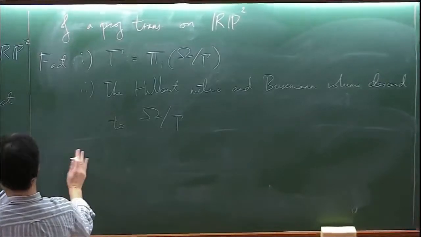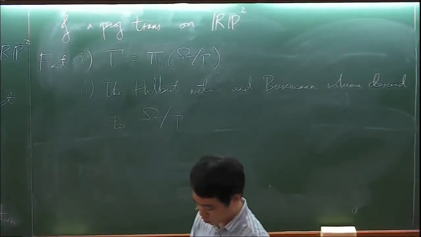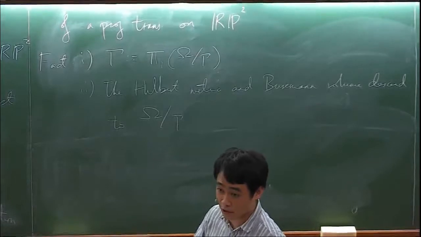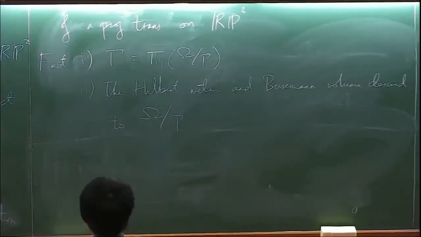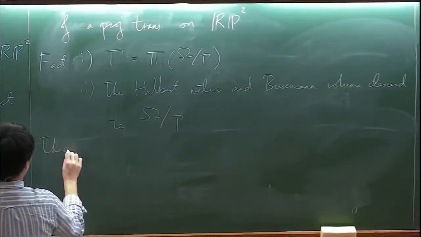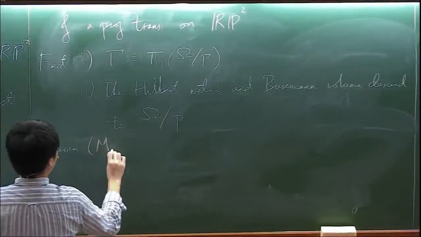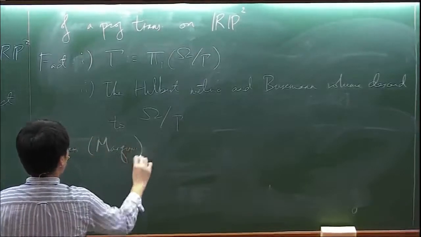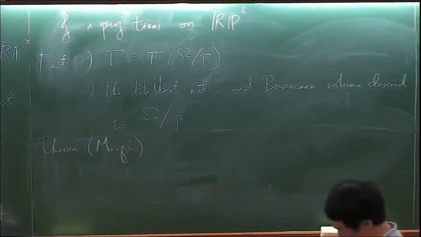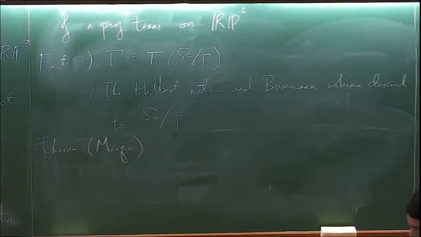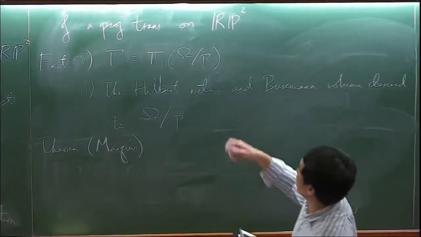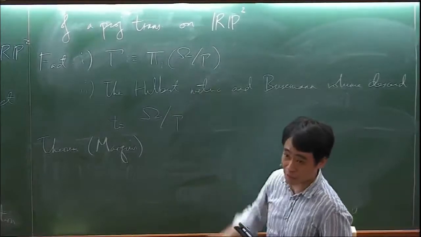But for our purposes, to analyze convex projective structures on surfaces that are not compact, an important tool is this theorem due to Ludovic Marquis, where he characterized the possible holonomy, the possible conjugacy classes of elements that show up in gamma.